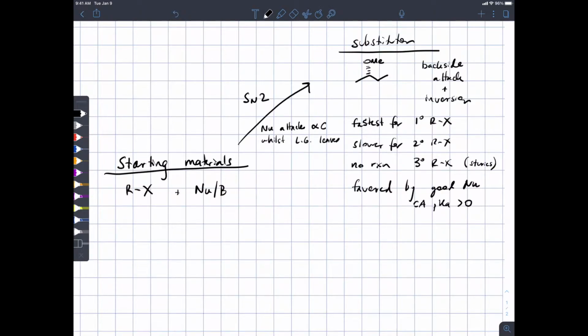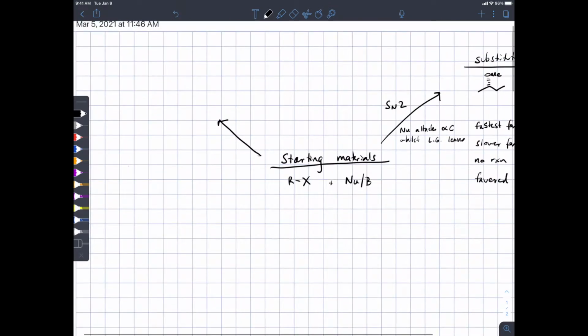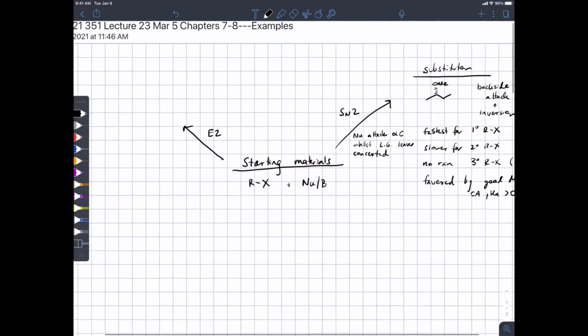Your text points out that good leaving groups can accelerate SN2 reactions, but good leaving groups can also accelerate E2 reactions and SN1 and E1 reactions, so it's not really a great decision point, and we won't worry too much about it at this stage. One other thing we want to say about SN2 is that it is concerted, that is, the nucleophile attacks while the leaving group is leaving.